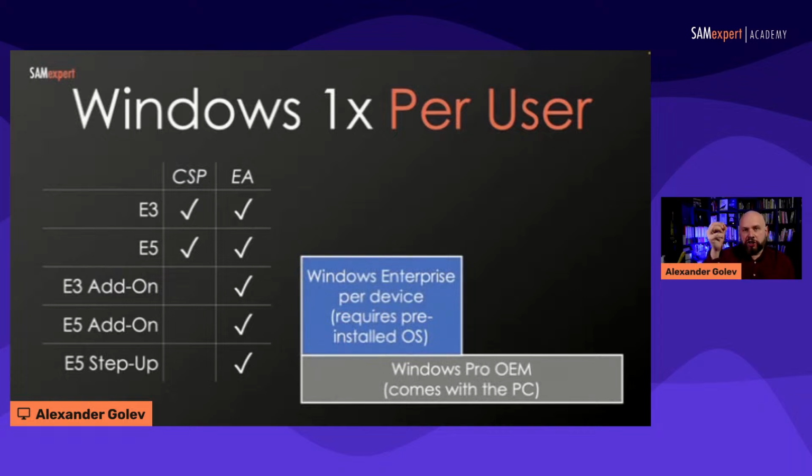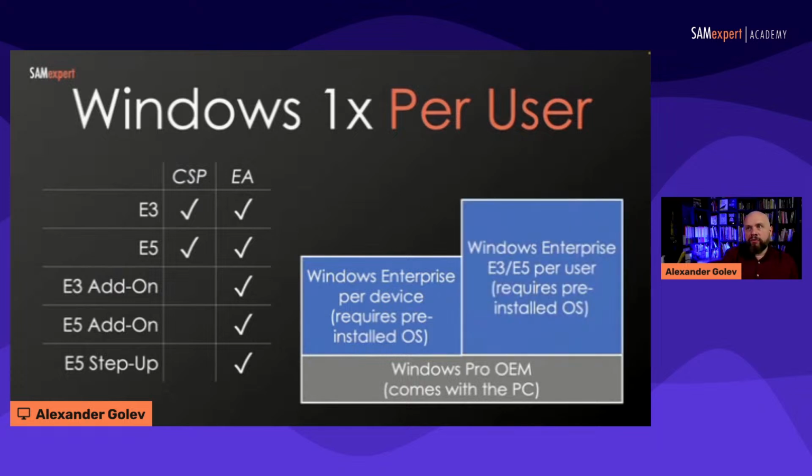So traditionally, before the introduction of Microsoft 365, what companies used to do is still buying devices with pre-installed Windows Pro, and then upgrading them to Windows Enterprise by buying Windows Enterprise per device upgrade licenses. And I think the first time I heard about it was 1999. So it's been going on since those times.